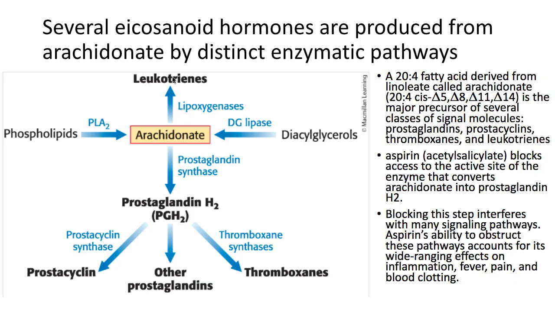So that is also another type of lipid hormone. But drugs such as aspirin can be used as an inhibitor to not create these lipid hormones that would cause inflammation, fever, or blood clotting.